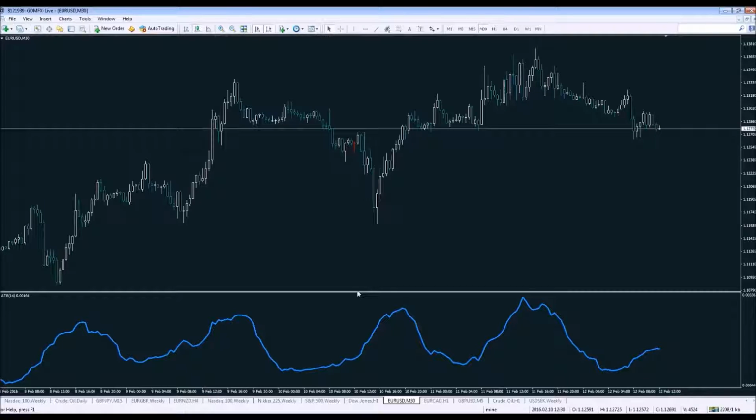You will see how this particular tool works for you. Now, often this indicator has been subject to gaps, and in most cases it limits the moves of the traders.